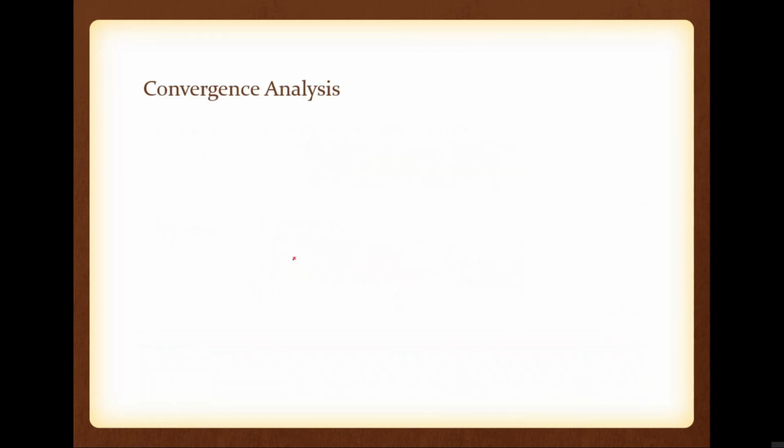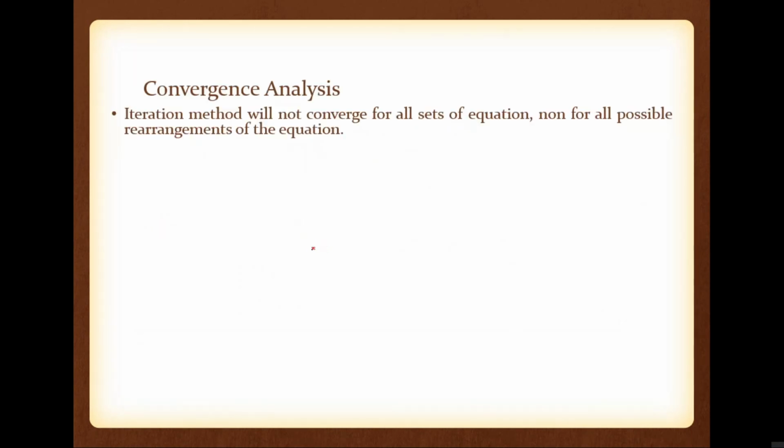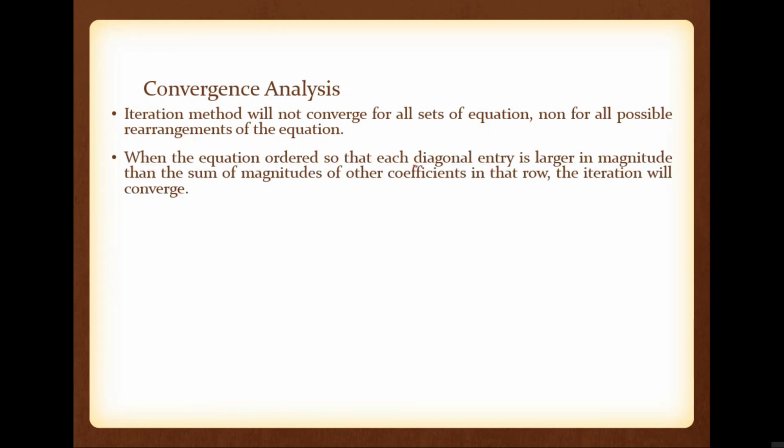If you are analyzing the convergence, in some cases I told you the iteration method will not converge. At that point, what do you have to do? First, you have to check whether the equations are swapped or not. Swapping means the diagonal elements are the largest elements in that particular equation. Compared to the sum of the remaining elements, the diagonal element must be the largest element.